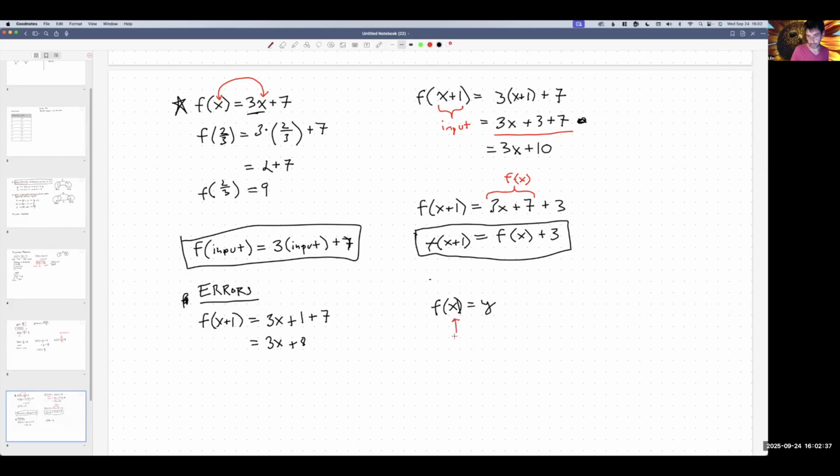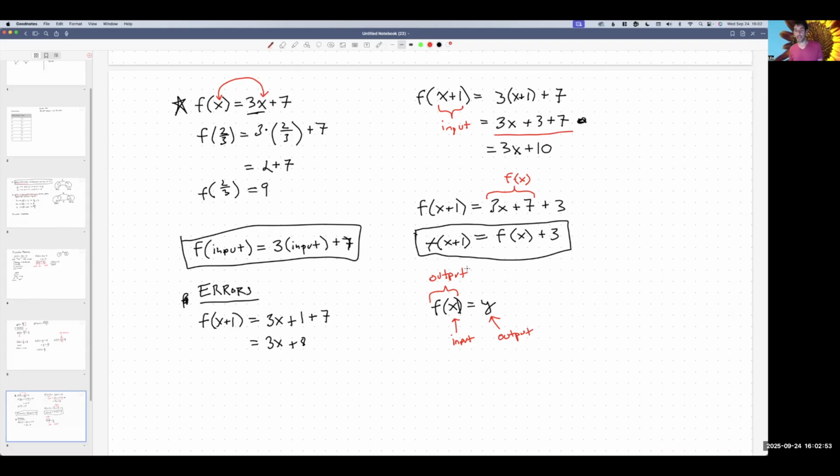So we've got our input, our output, and then this set of symbols also represents the output, right?